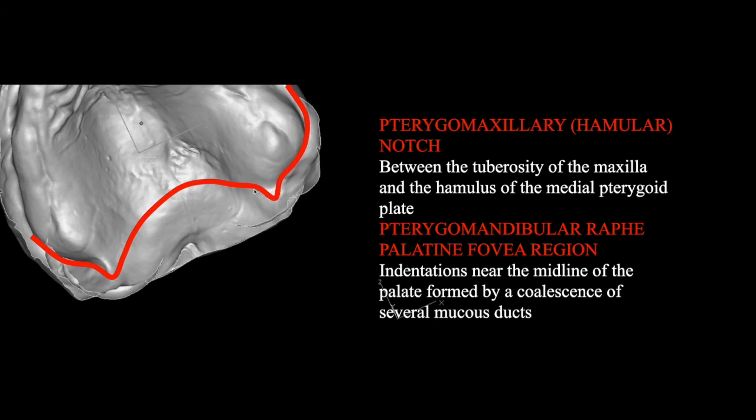And right, this slight indentation is called the pterygomandibular raphe, and the palatine foveae, which are indentations near the midline of the palate formed by coalescence of several mucous ducts, are located in this particular picture. And this should be covered during the impression taking.